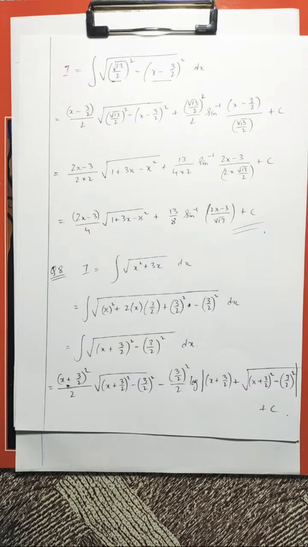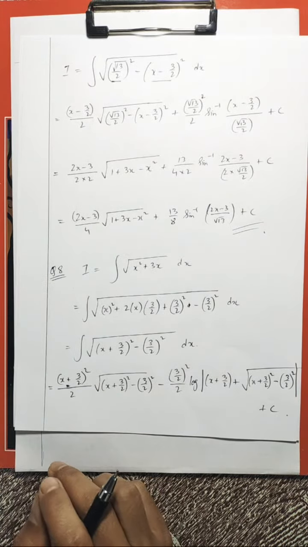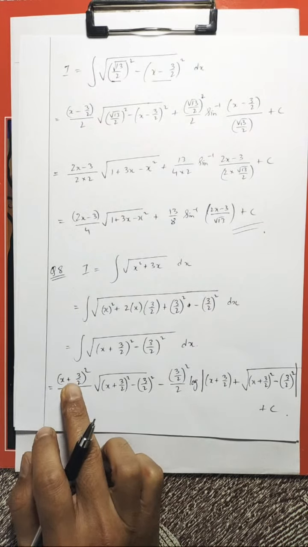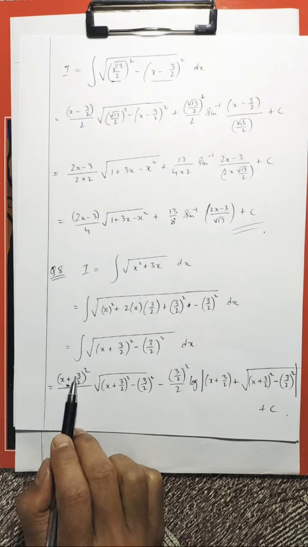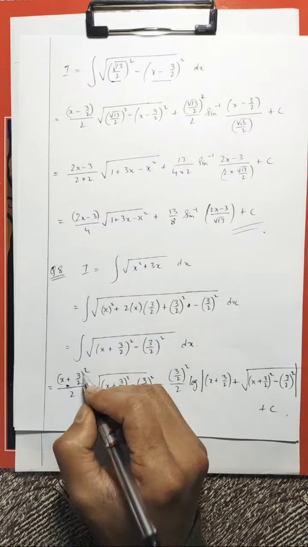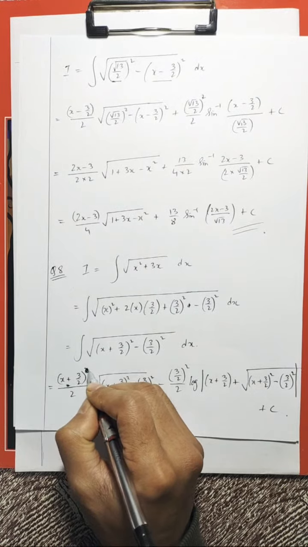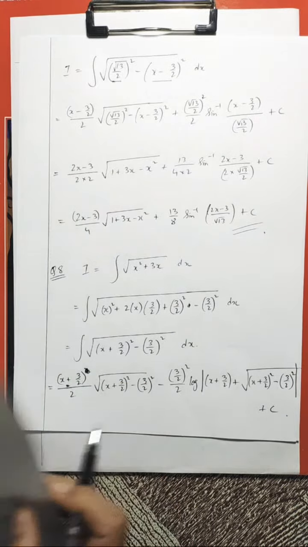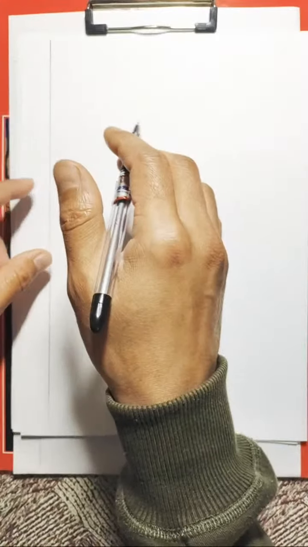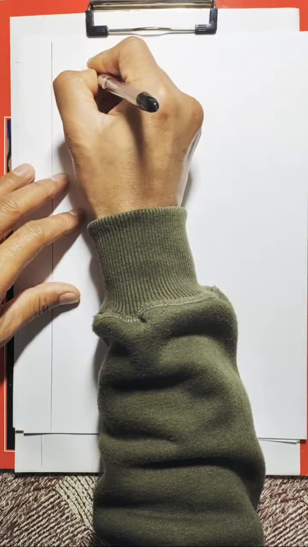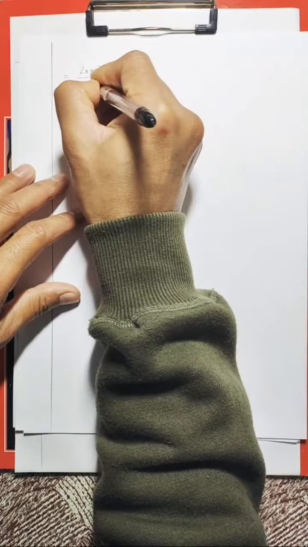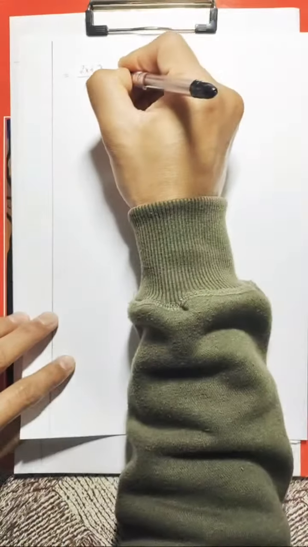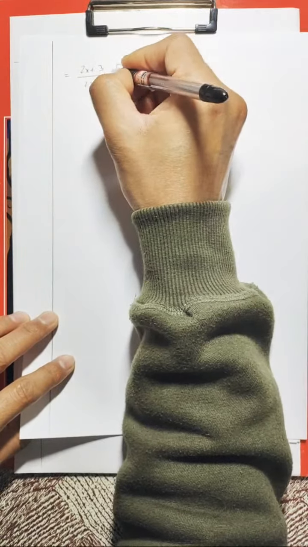Alright, let's move on. So let's just simplify this. By taking the LCM, 2x plus 3, this is not whole square, sorry, x by 2 only, no? 2x plus 3 divided by 2 into 2. Root over of this value we can use directly. What was that value?